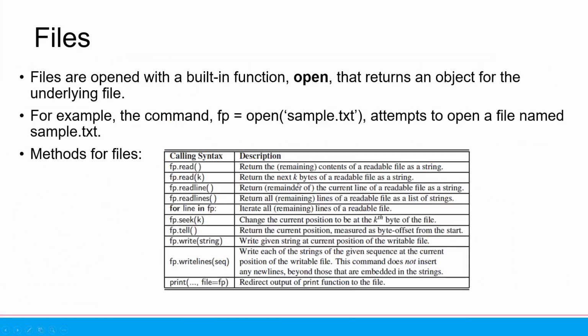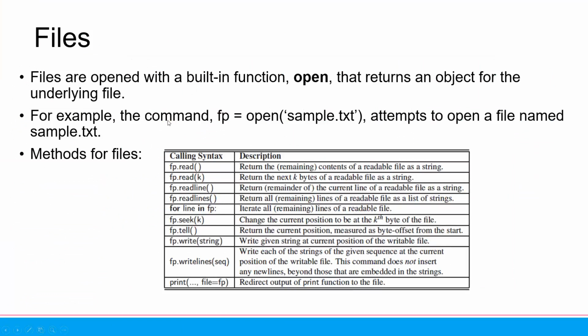Okay, now we can connect our Python or Jupyter notebook file with another file. So files are opened with a built-in function open that returns an object for the underlying file.